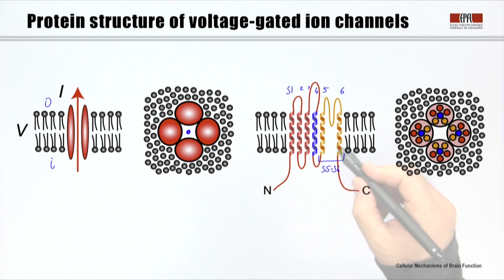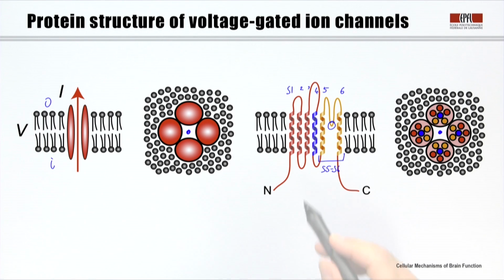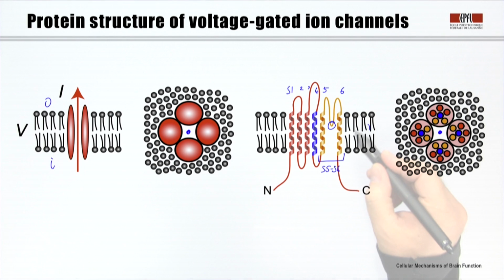So next to these alpha helices, we have the aqueous pore, and in fact, this turns out to be where the selectivity filter is located. The red alpha helices, S1 to S3, are here on the outside of the protein. They need to interact with the phospholipid bilayers, the lipophilic part of the ion channel.